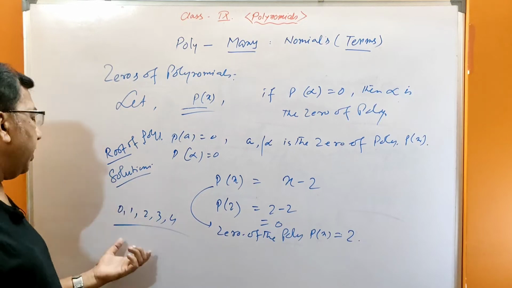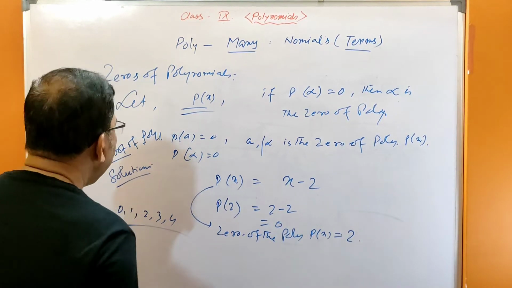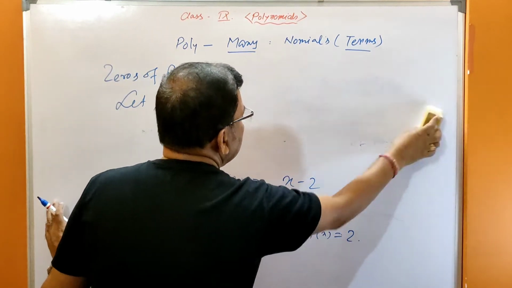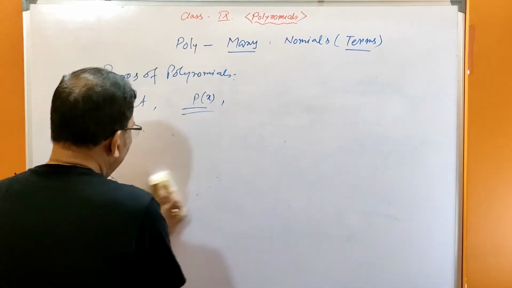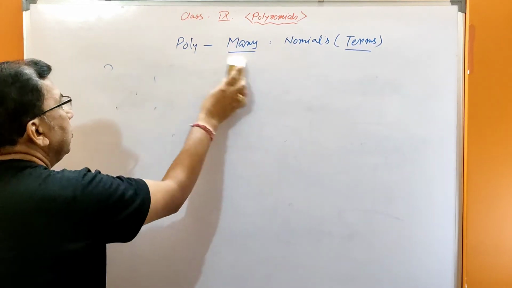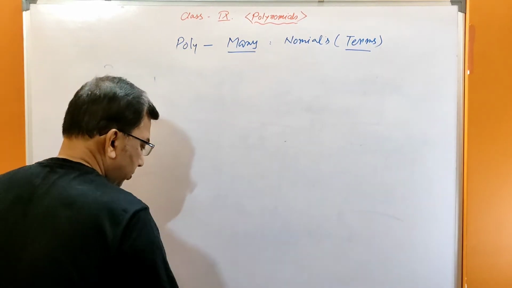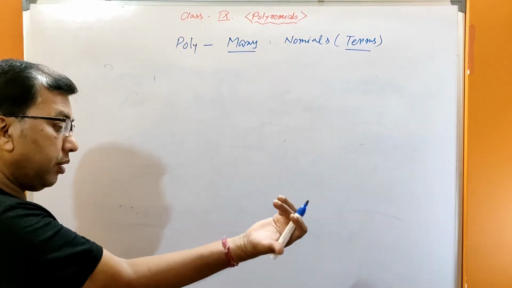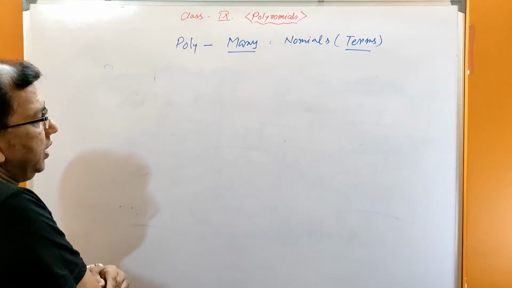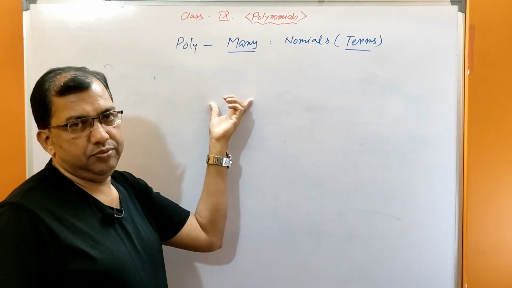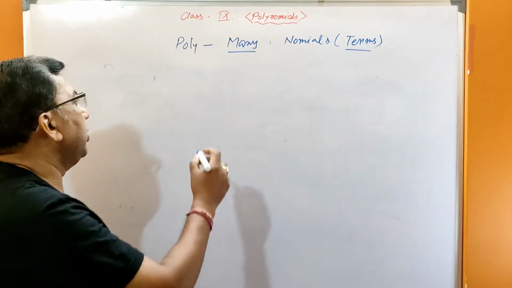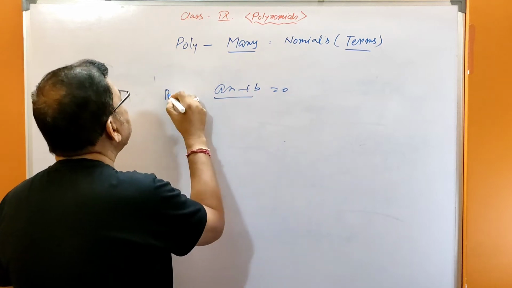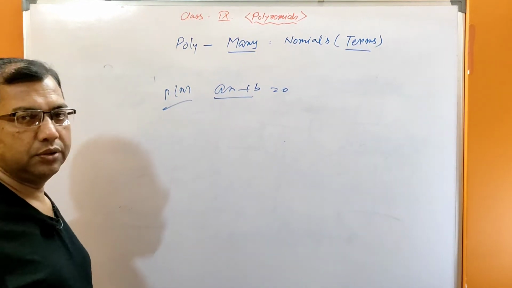So in different cases, when will a polynomial have 0 zeros, 1 zero, 2 zeros, or 3 zeros? When you find it in the case of linear polynomials, ax plus b equals 0, this is p(x), a linear polynomial ax plus b.